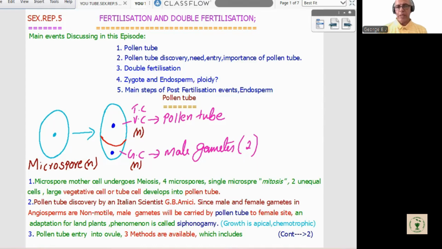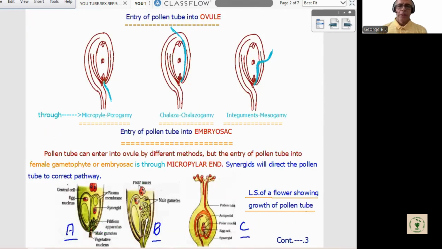And remember what we studied in the last episode, pollen tube growth is apical and it is chemotropic in nature. Now, how does the pollen tube enter the ovule? The pollen tube finally reaches the female site. It has to enter the ovule. How is it possible? Three methods are available. One, through the micropyle.